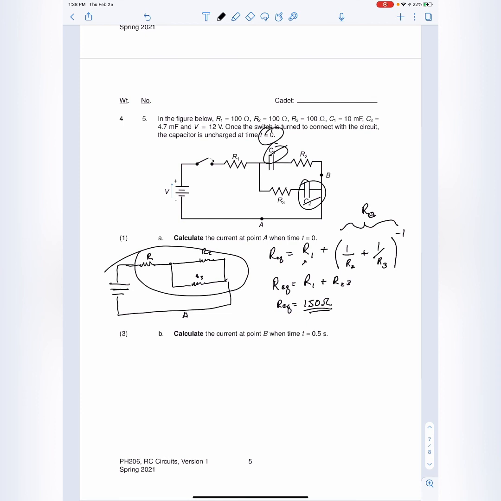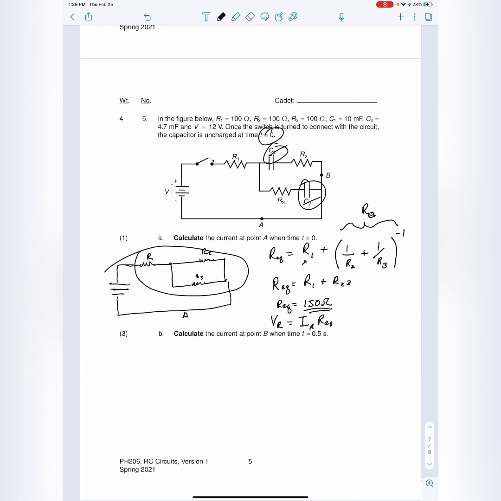Now that you have that, it is very easy for us to solve for current. Let me see, voltage across the resistor equals current at point A times resistor equivalent.